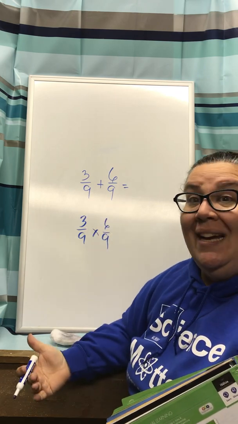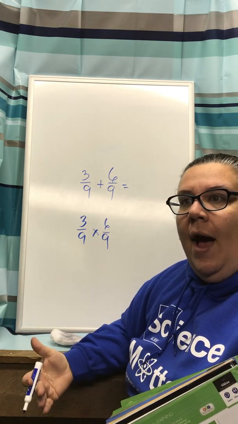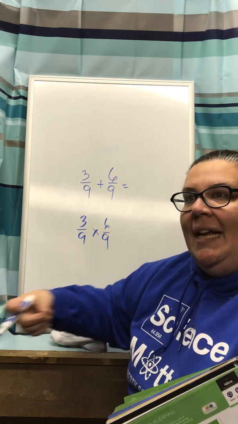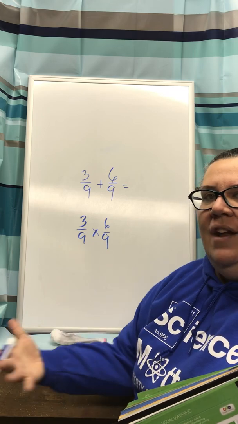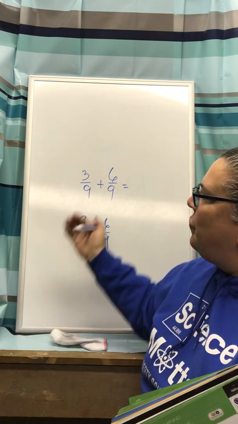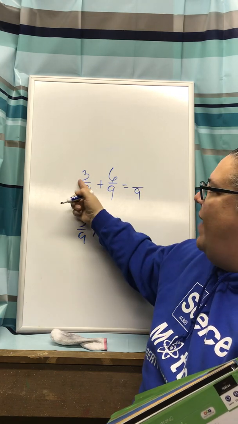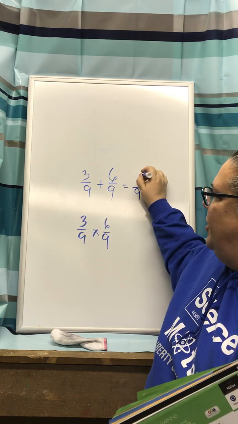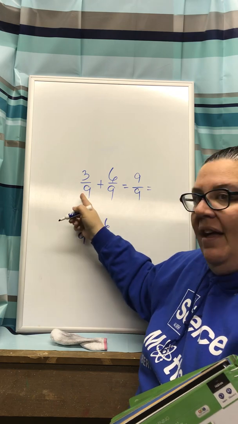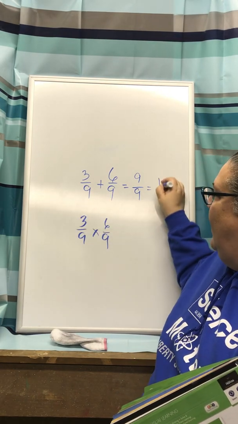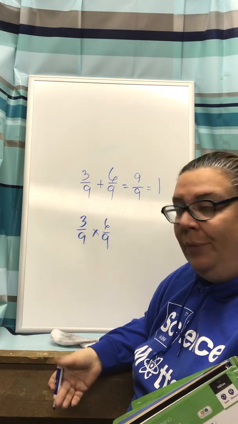I know when I'm doing addition of fractions, I'm taking a portion of a whole, I'm adding it to another portion of the whole, and I'm going to end up with a bigger number at the end. So because my denominators are both 9, I can say 9, and then I'm just adding 3 plus 6, which is 9. That means I have a portion of the whole, a portion of the whole, and when I'm done, I actually have the whole whole.